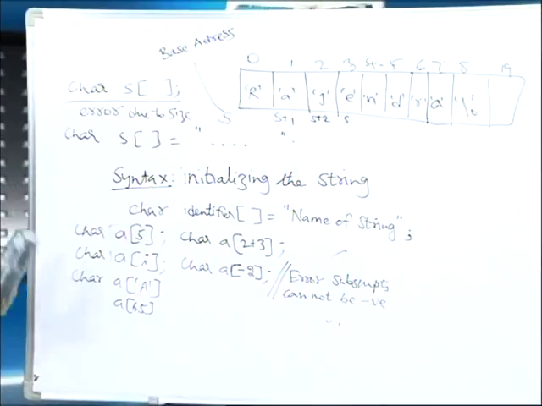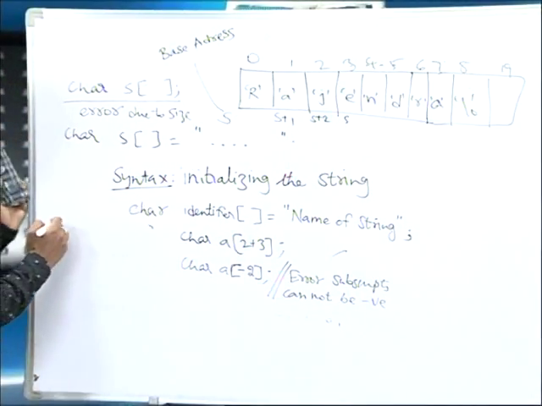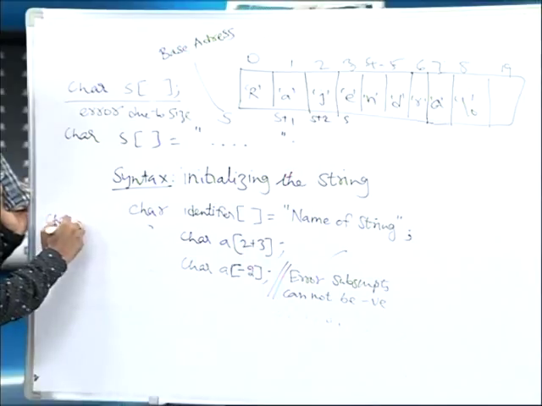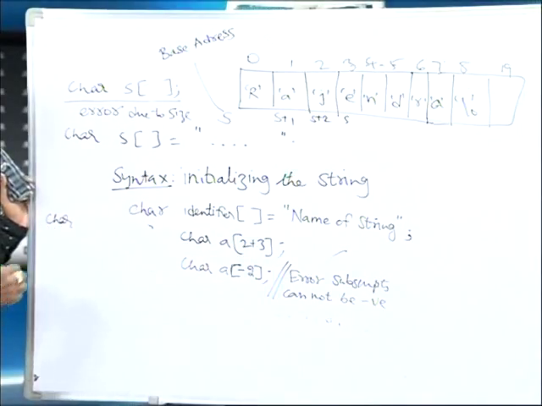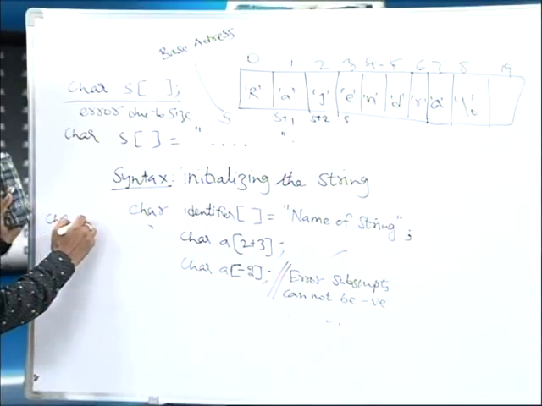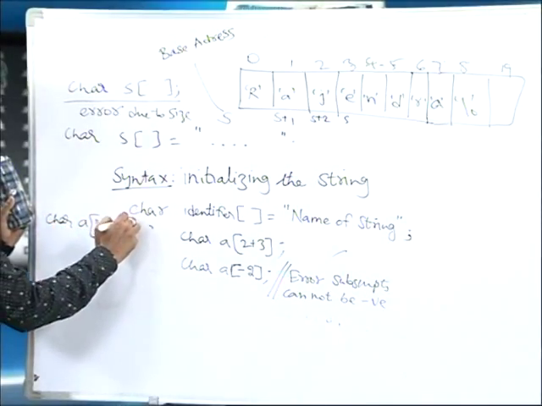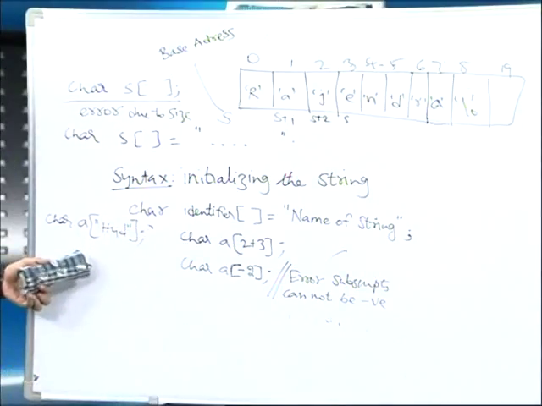Subscripts cannot be negative. Next, I want to give another way. char A of, it is also an error, and cannot be a string.